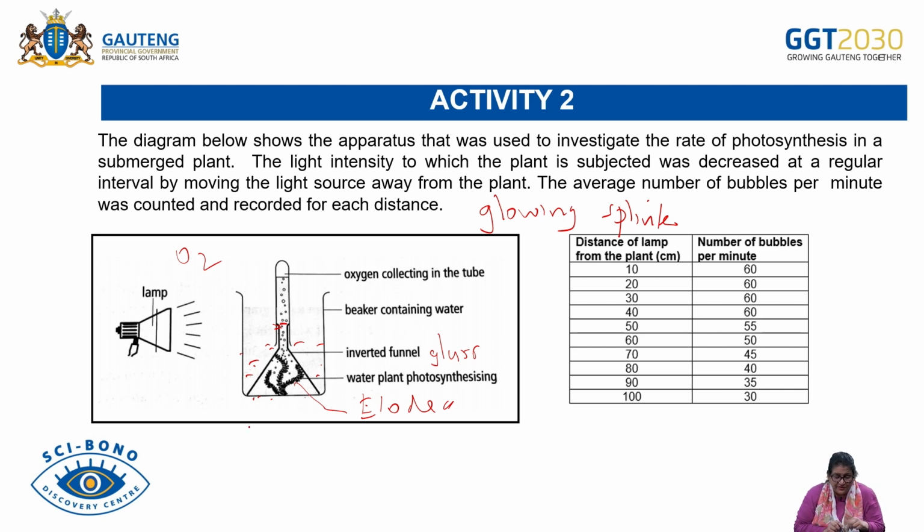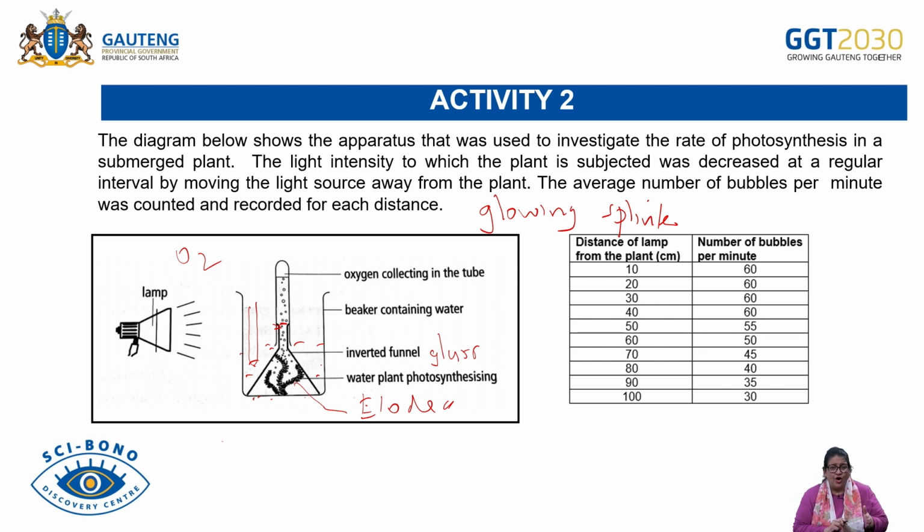You can also put a thermometer into the water to keep it at 25 degrees Celsius. So you've got your temperature being correct, and your light intensity that you're going to change. And now what you want to measure is the production of oxygen, how light intensity affects the production of bubbles.